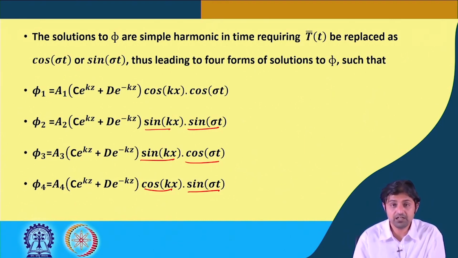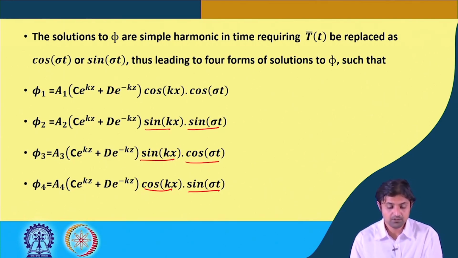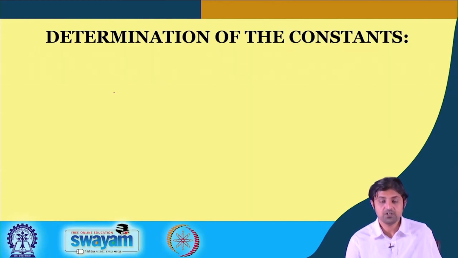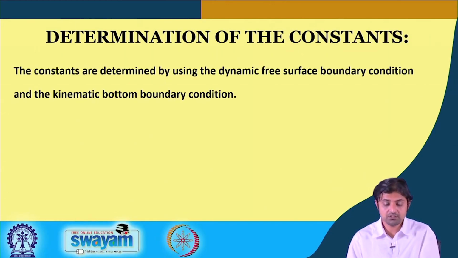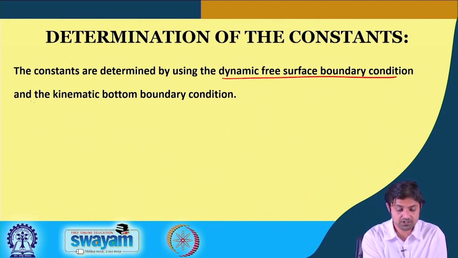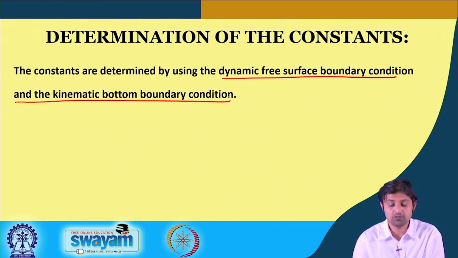d. Sigma is related to the time period, k is related to the wave period, that will come later, but more importantly we have to find these constants a 1, c and d. So, how to determine these constants? The constants are determined using the dynamic free surface boundary condition and the kinematic bottom boundary condition.